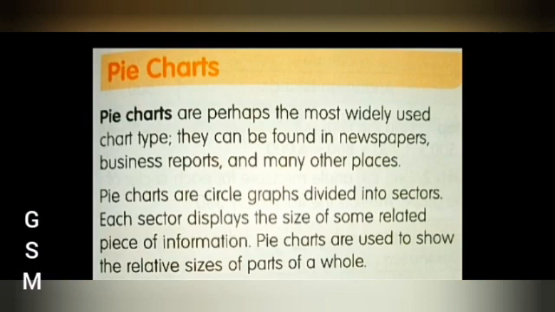Pie charts are perhaps the most widely used chart type. They can be found in newspapers, business reports, and many other places. Pie charts are circle graphs divided into sectors. Each sector displays the size of some related piece of information. Pie charts are used to show the relative sizes of parts of a whole.